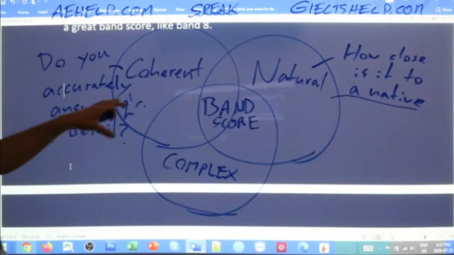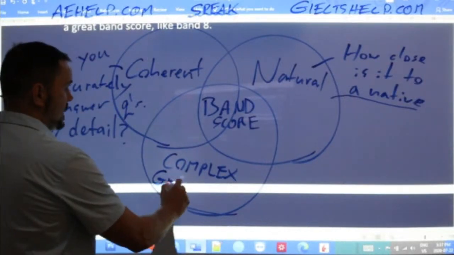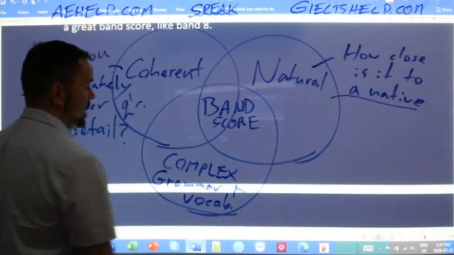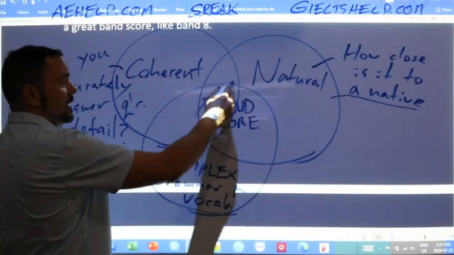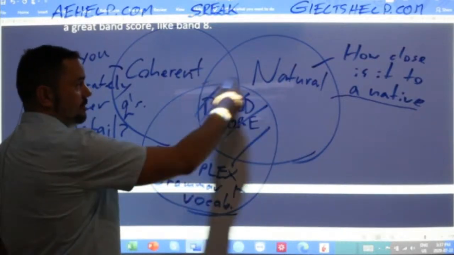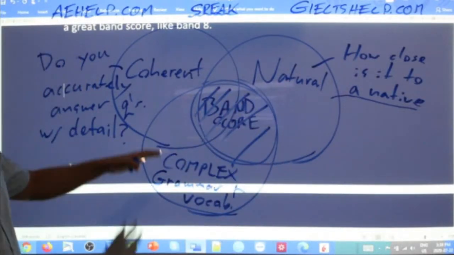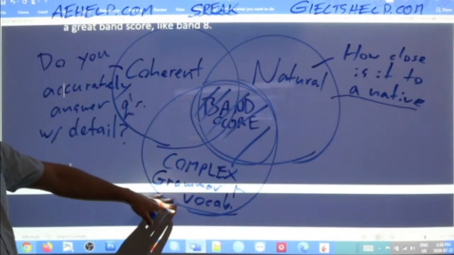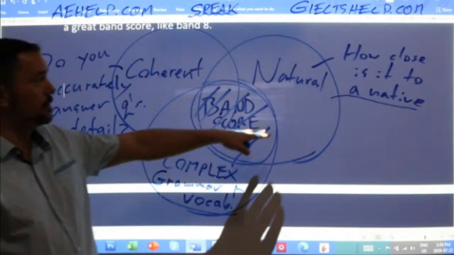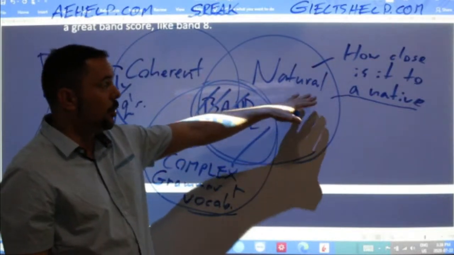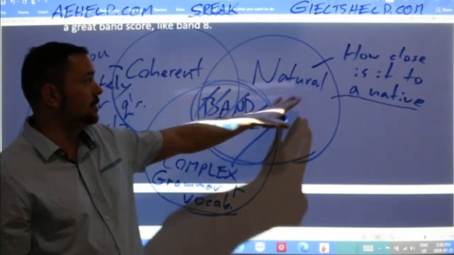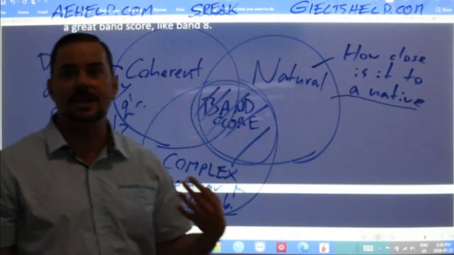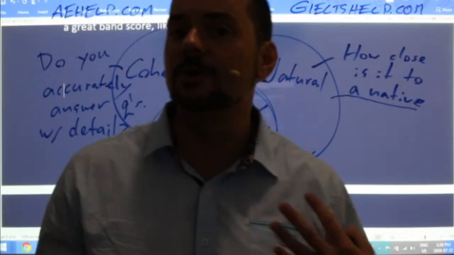And then complex, that's where it's your grammar and vocabulary. Okay, now why is this a Venn diagram with your band score kind of in the middle of all of these? Well, because if you have coherent language, you're likely using lots of vocabulary with good grammar, and of course you're sounding natural. The only way to sound natural is if you're coherent and you're using some complex language, just like a native speaker. So that's the other way to think about it.